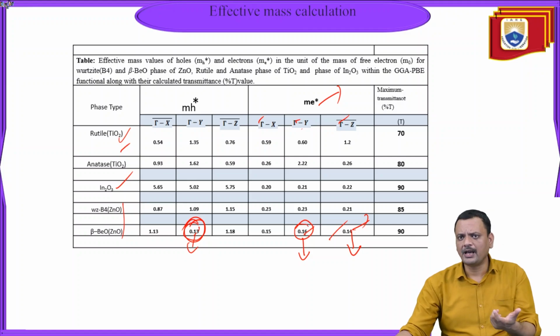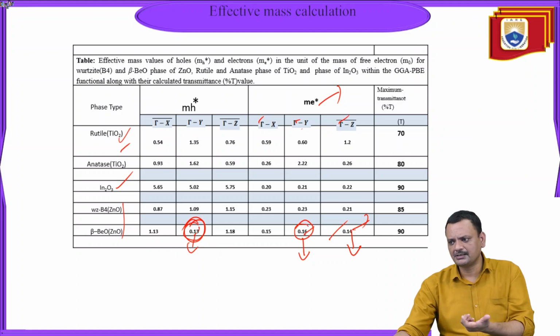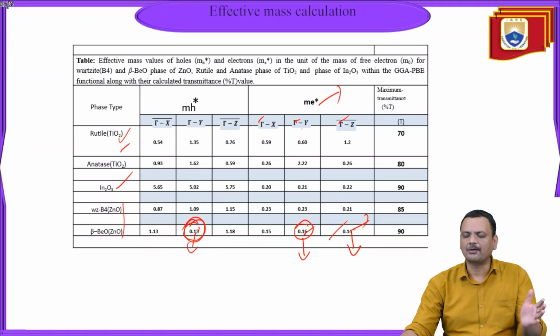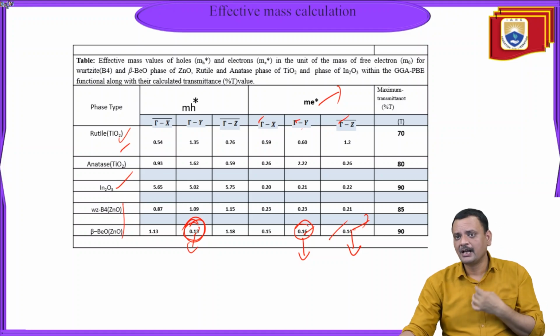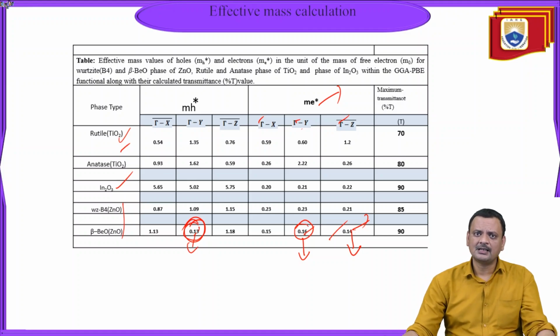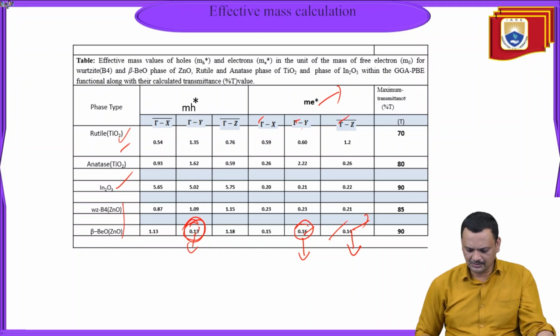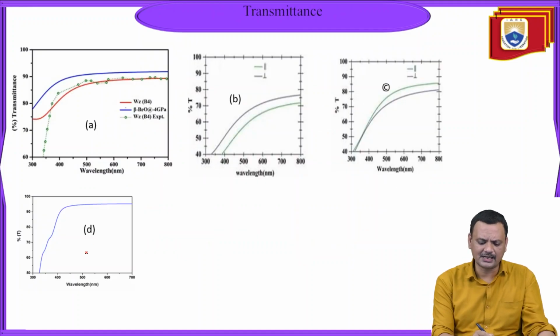So you can utilize this negative pressure phase of zinc oxide as an optoelectronic candidate. But what is the challenge? The challenge is stability: how can you grow this phase? I also calculated the transmittance. So see all the phases.